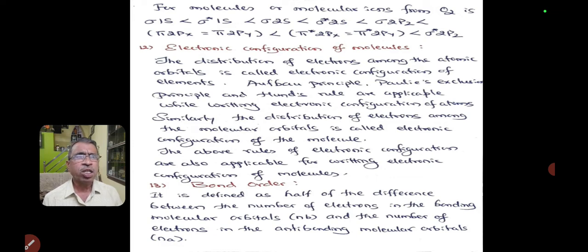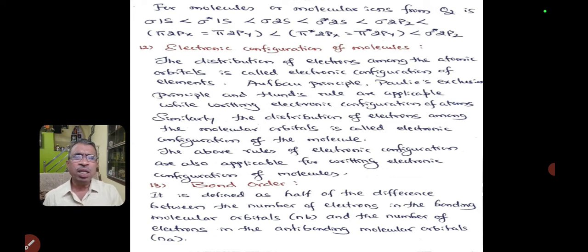Similarly, the distribution of electrons among the molecular orbitals is called the electronic configuration of the molecule. The above rules are also applicable for writing the electronic configuration of molecules.